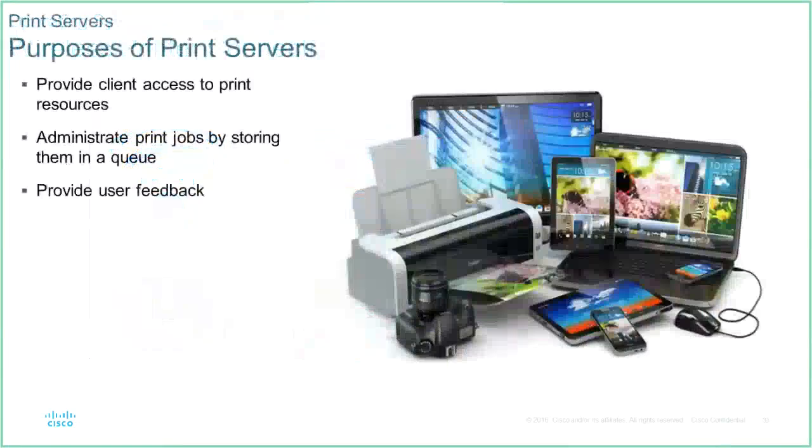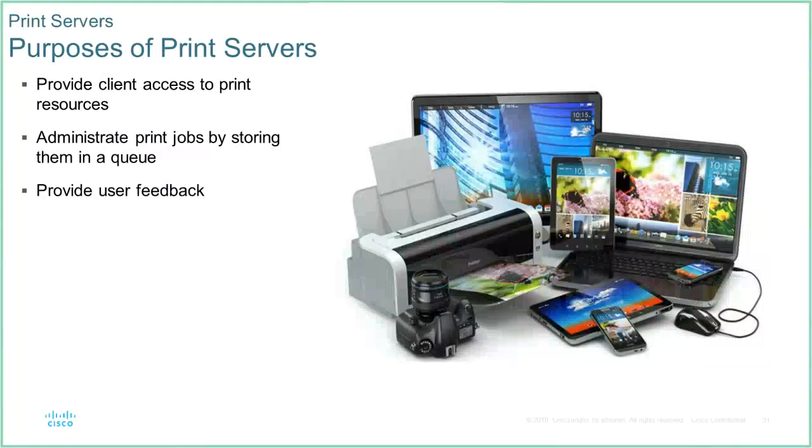Print servers are there to eliminate that issue, and everybody basically prints to the same server, and then the server will allocate the jobs to the printers on a first come first serve basis.